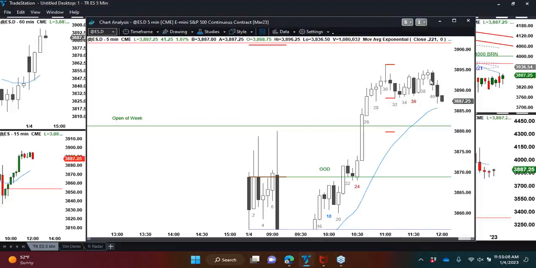I took a chance and sold earlier, taking a chance that we would at least test the 25 high. I'm hopeful that we test the bar 6 high, and because it's at the moving average, I will be fairly quick to exit this trade.